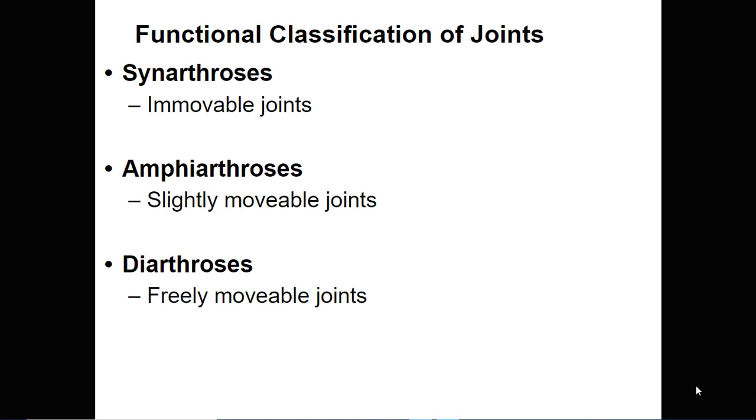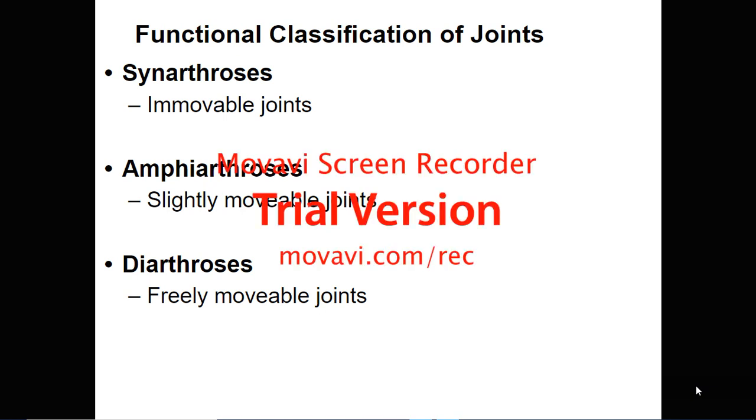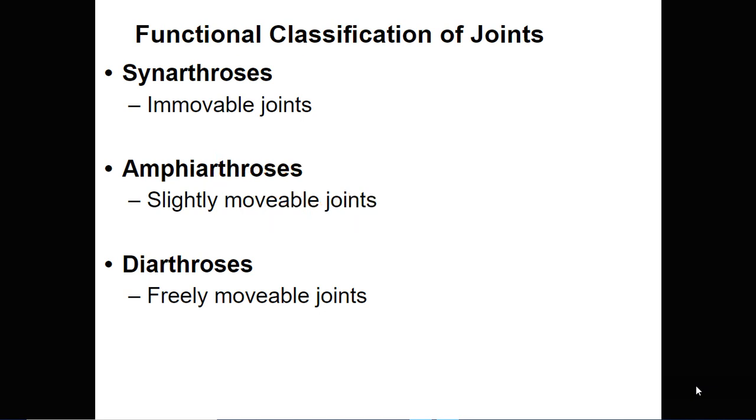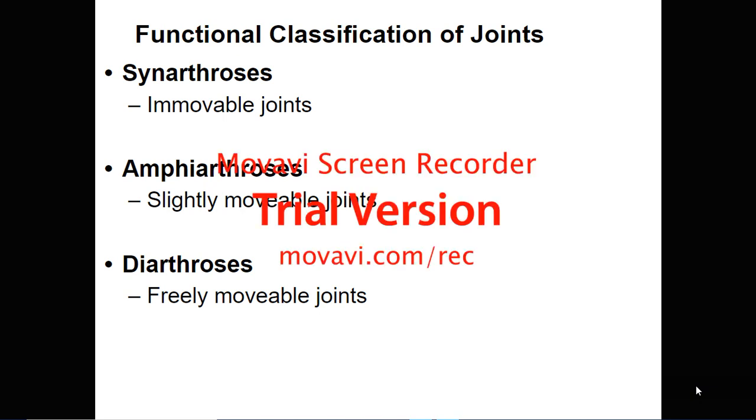And then you have amphiarthrosis, slightly movable joints, and diarthrosis, freely movable joints. Your freely movable joints are going to be predominantly found in the appendicular skeleton, your limbs, whereas your immovable and slightly movable joints are going to be largely found in the axial skeleton.